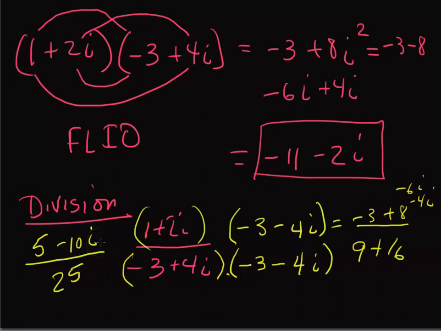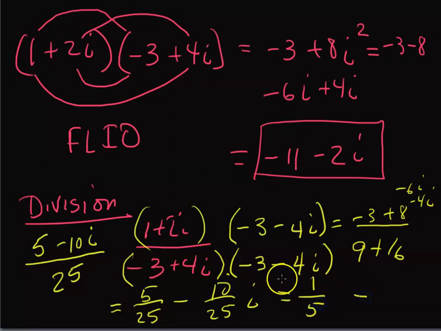Now, usually you want to reduce these, and perhaps you can see it easier by doing 5 over 25 minus 10 over 25i. So 5 will go into 5 once, into 25 5 times, and 5 will go into 10 twice, and then 25 5 times.